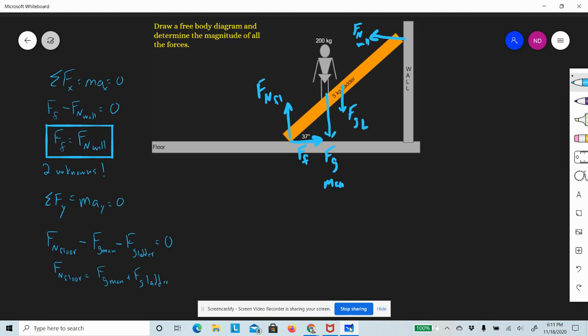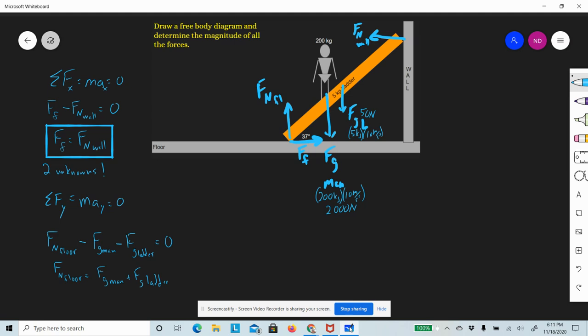Now the man has a mass of 200 kilograms. So 200 kilograms, we'll use 10 meters per second squared for g. That's going to give you 2,000 newtons. The ladder itself is 5 kilograms times 10 meters per second squared. That's going to give you a weight of 50 newtons.